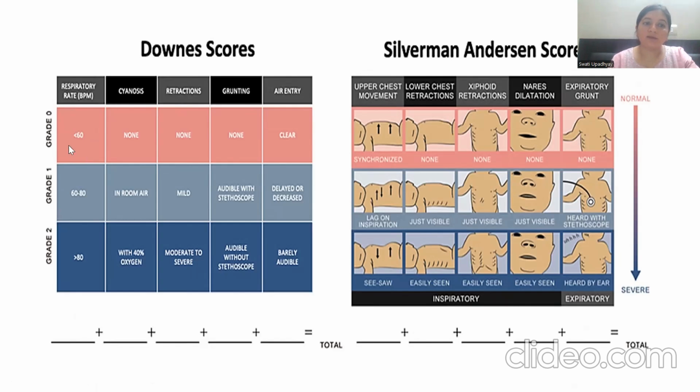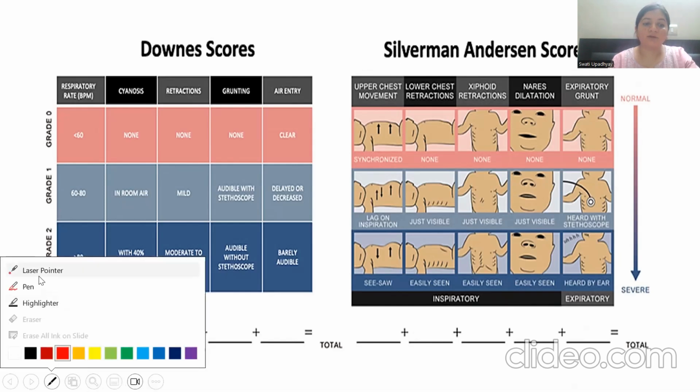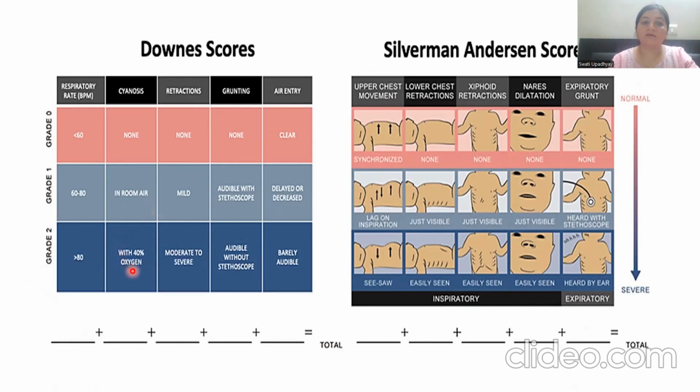Now, if a baby is having a respiratory rate of less than 60, it is scored as 0, 60 to 80 scored as 1, and more than 80, it is scored as 2. Similarly, if a baby has no cyanosis, it is scored as 0. If there is cyanosis in room air, it is scored as 1. If there is cyanosis with 40% oxygen, then it is scored as 2.